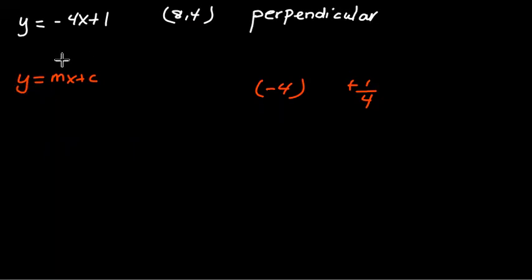So my new m is going to be 1/4. So y = 1/4 x + c. Simple trick: just take the reciprocal and then find its negative. That gives me the gradient for the perpendicular line.